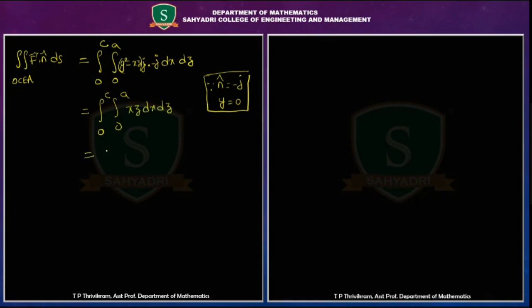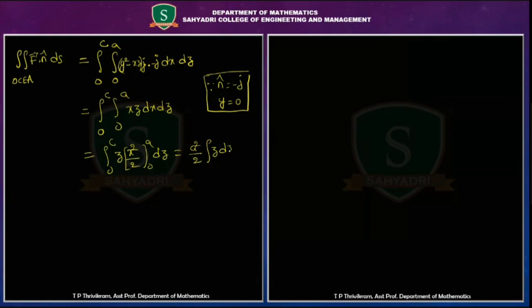Apply integration, integral 0 to c. With respect to x, you get z into x square by 2, 0 to a, dz, so this will be a square by 2 integral z dz, 0 to c.